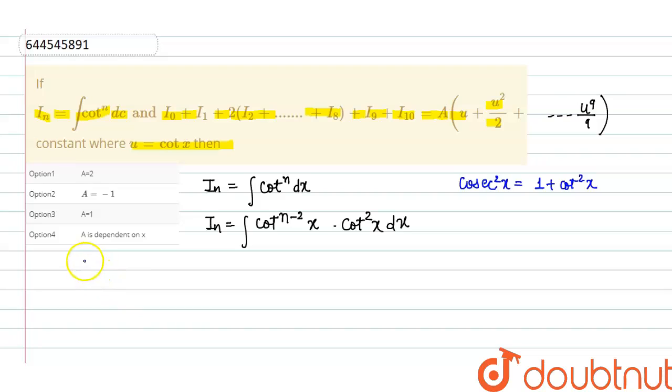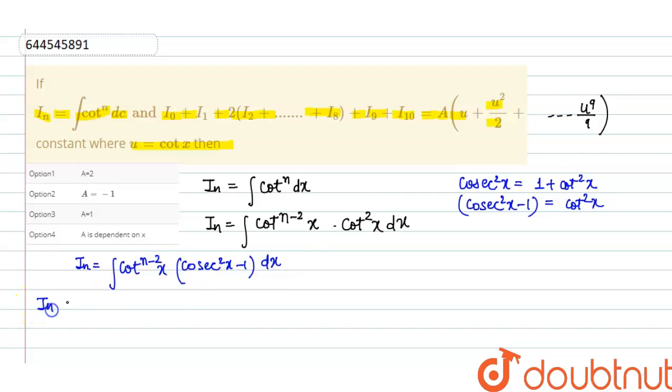So I can write I_n equals the integration of cot to the power n minus 2 x into, in place of cot square x, cosec square x minus 1 dx.